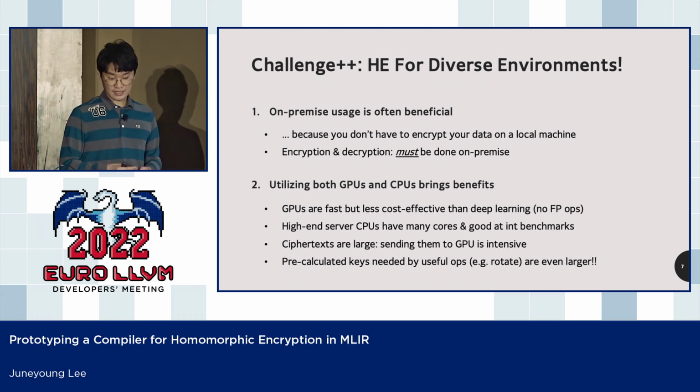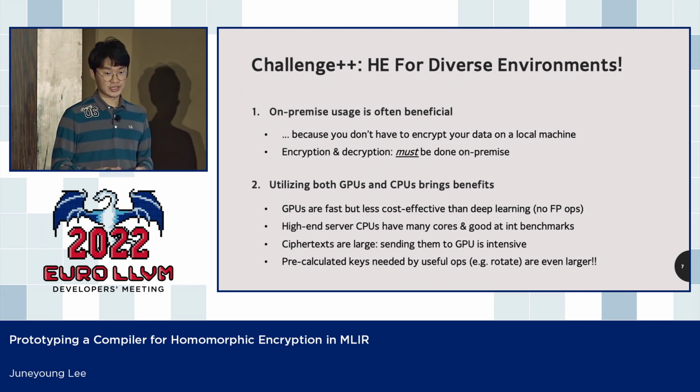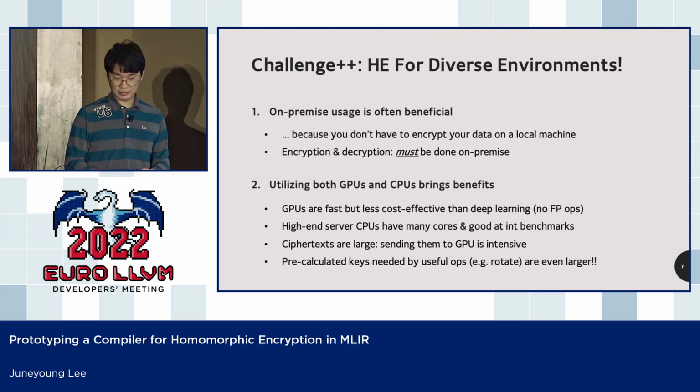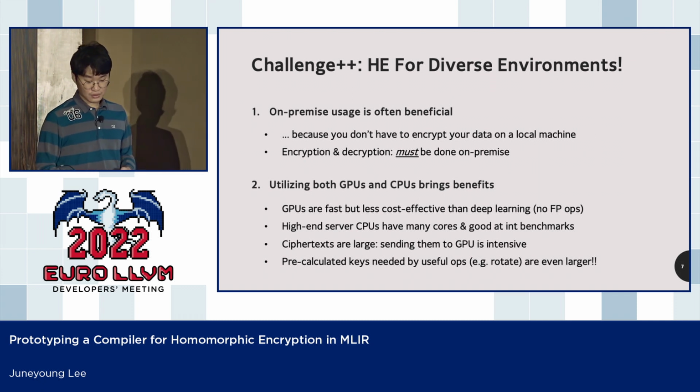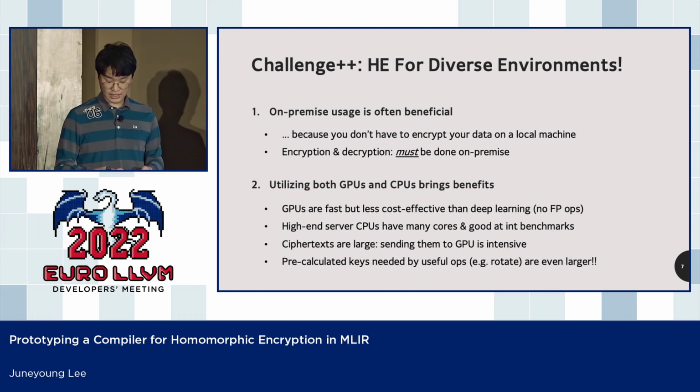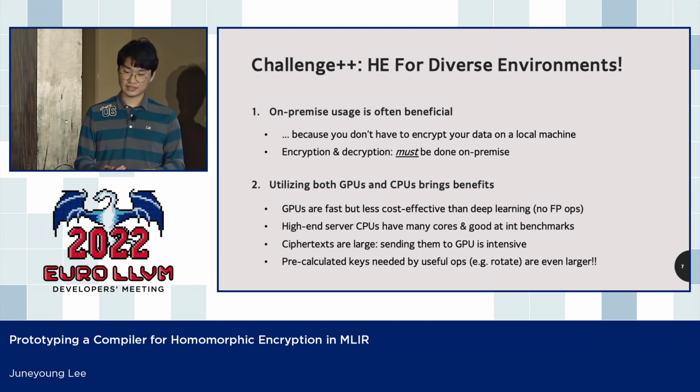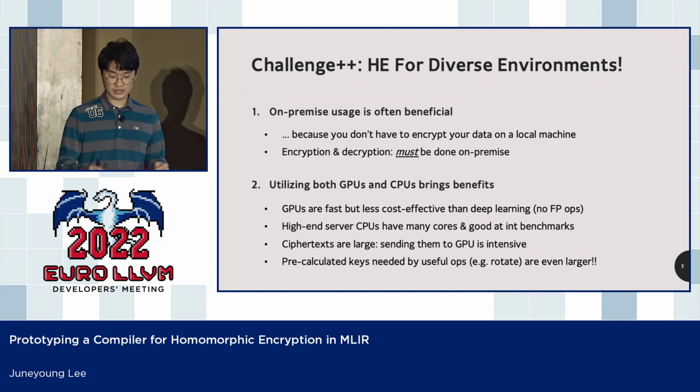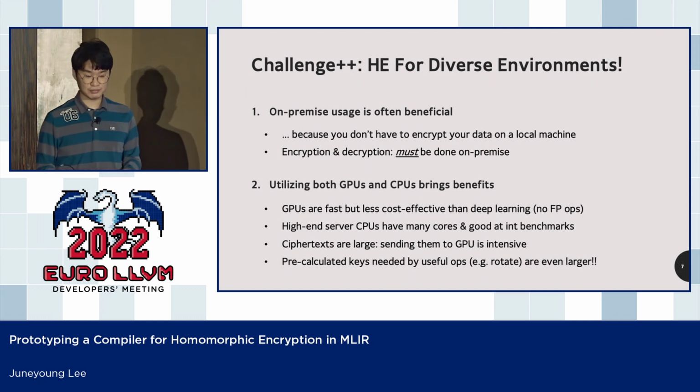Also, ciphertexts are large, so sending them to GPU is expensive in terms of memory bandwidth. And what is further, pre-calculated keys that are used by useful operations such as cyclic rotations are even larger than ciphertext. So it is just good to run things on CPUs rather than sending them to GPU and running them.